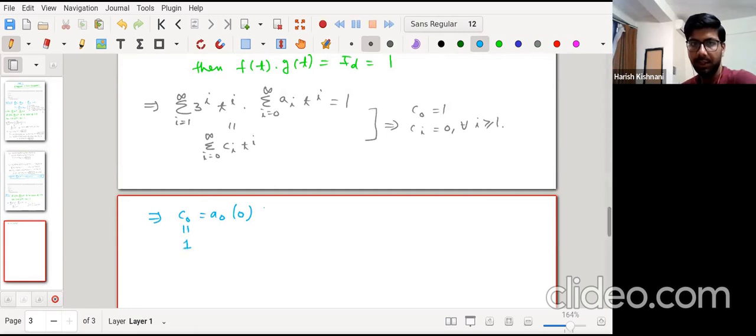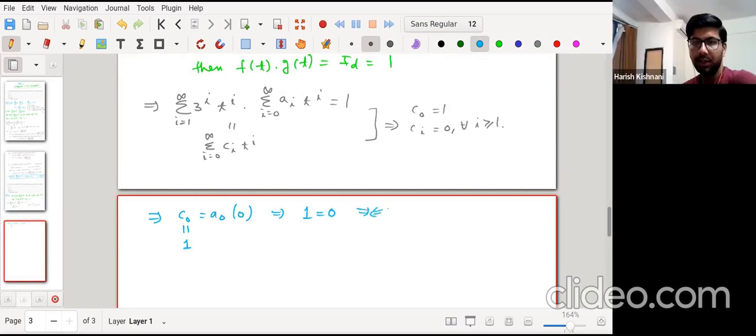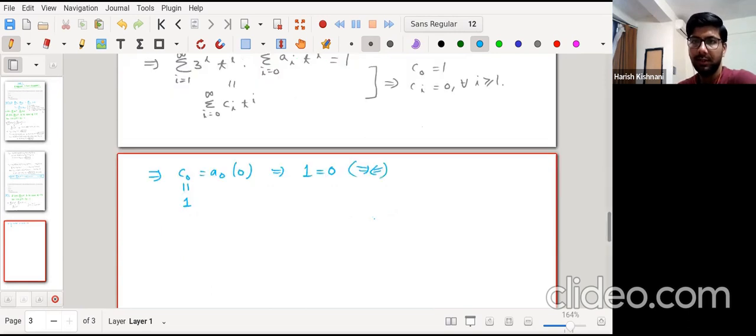So this will imply that 1 is equal to 0. Can it happen? No, sir. So it's a contradiction. Thus the inverse will not exist. This implies the inverse of F(t) does not exist.